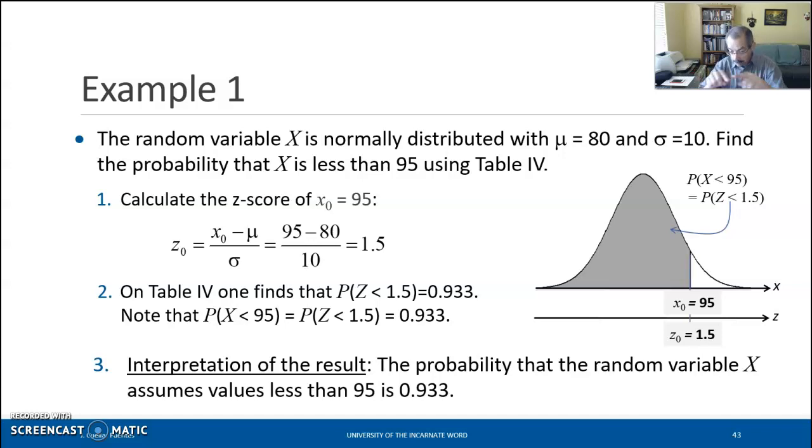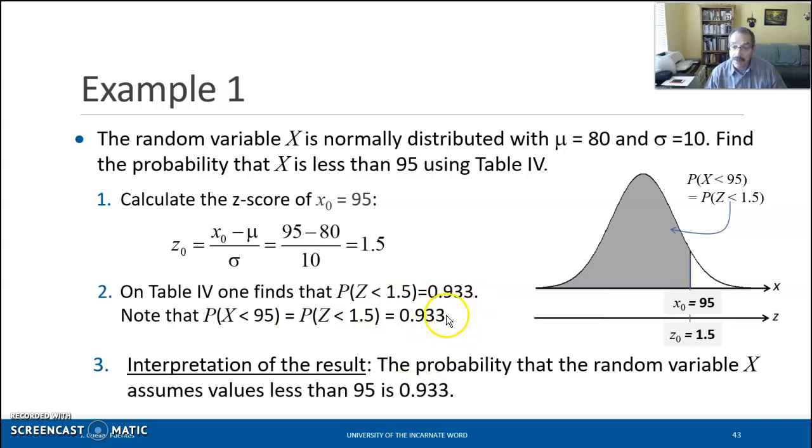And if you look at the table, you will find that it's 0.933. Now, we know that the corresponding z-score for an x value of 95 will be 1.5. So the probability that the random variable x is less than 95 is the same as the probability that the random variable z is less than 1.5. So here's the probability that we're looking for.